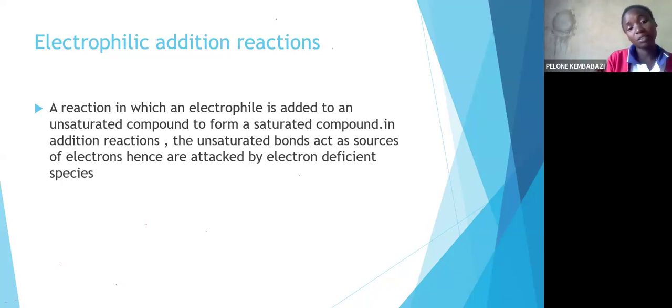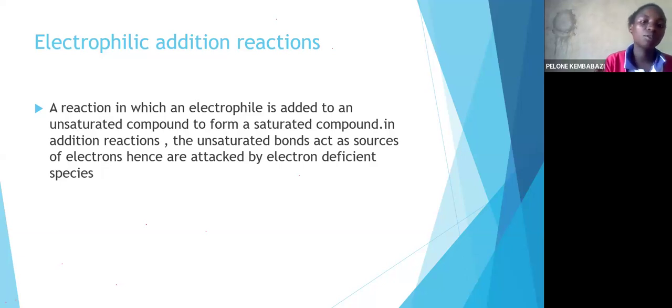And the unsaturated organic compounds, from the introduction to organic chemistry, are compounds which have triple or double bonds. We have examples of those compounds, for example alkenes and alkynes.